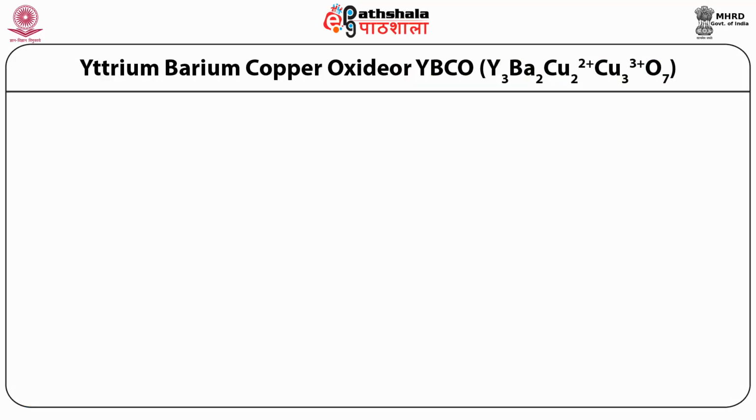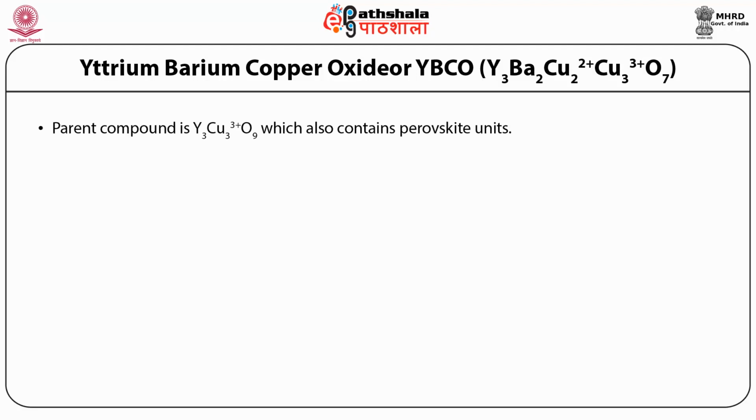Now comes yttrium barium copper oxide or YBCO compounds. The parent compound is Y3Cu3(3+)O9, which also contains perovskite units.